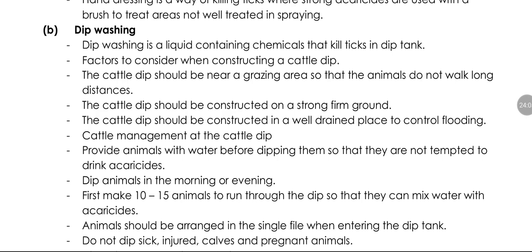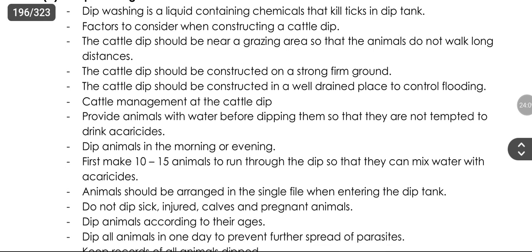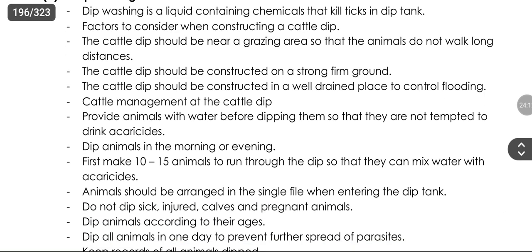Okay? Do not dip sick, injured calves and pregnant animals. So I talked about that sick, injured and weak animals. Weak animals there would be also the pregnant animals. Even the pregnant animals they are vulnerable. They can even get problems.